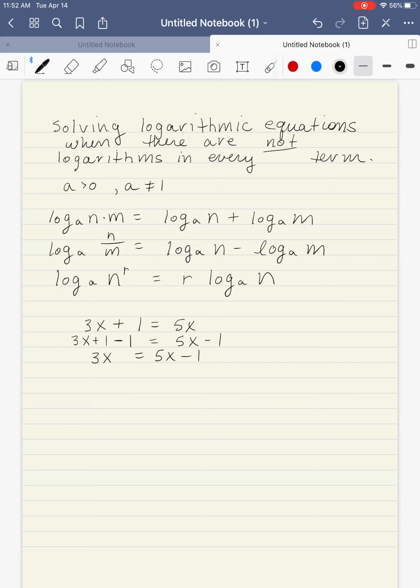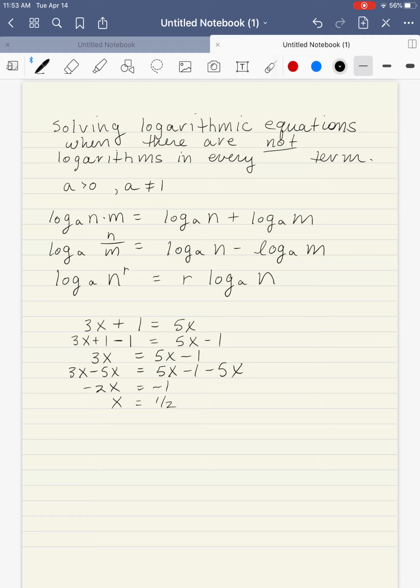So this is an equivalent statement. And then I can subtract my 5x from both sides. And I get negative 2x equals negative 1. And then I can divide both sides by 2 and get 1/2.